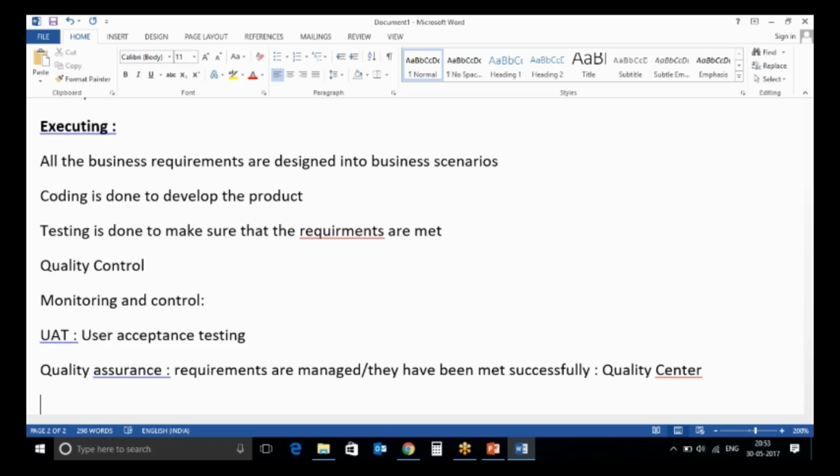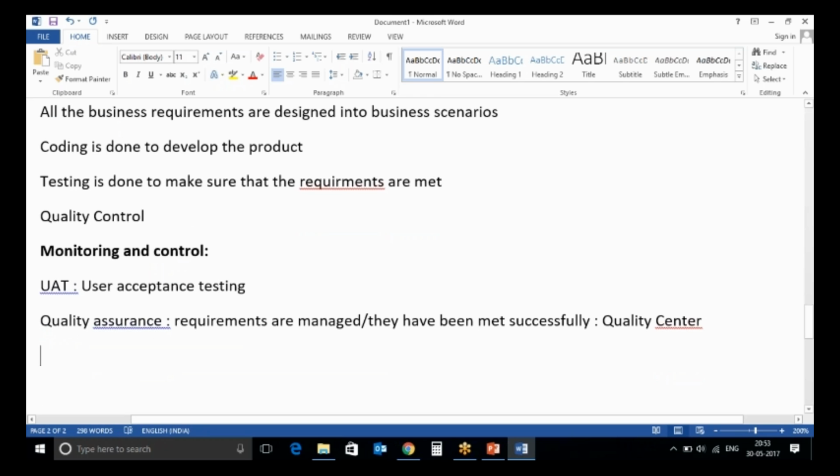Till those 5 test cases have passed, you cannot say that the business requirement has been met successfully. So this is your monitoring and control phase, and some other things also happen in this phase. We will be covering all of these phases separately in more detail in future sessions.